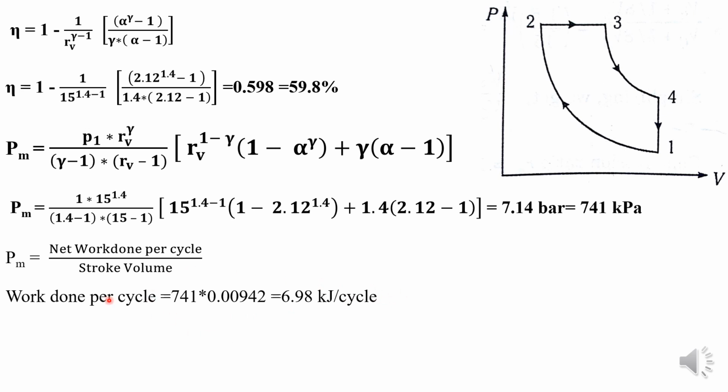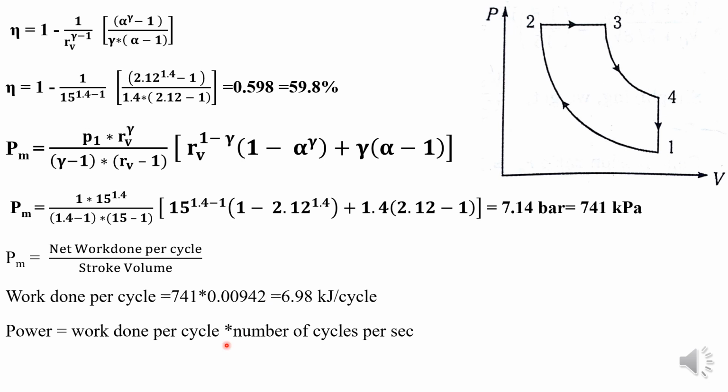Once you have the work done per cycle, multiply it by the number of cycles per second, and it will give the power developed. There are 400 working strokes per minute, so you have to convert to working strokes per second. Whatever work done you got, multiply by 400 divided by 60.